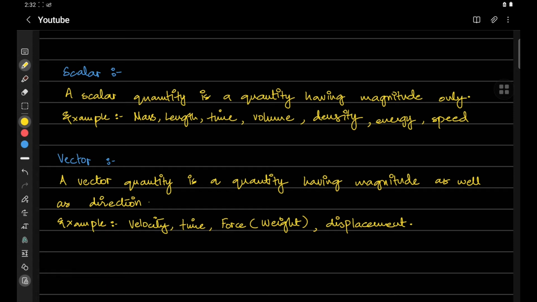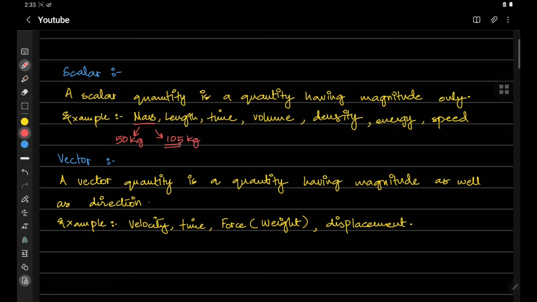All right. So scalar quantities are basically those quantities which do not have a direction. They only consist of a magnitude, meaning how big or how small is the only thing that we can make out of it. Right. For example, let's suppose we have mass, we have length, we have time. For mass, we can say that, okay, this thing has a mass of, let's suppose, 50 kilograms. This thing has a mass of 105 kilograms.